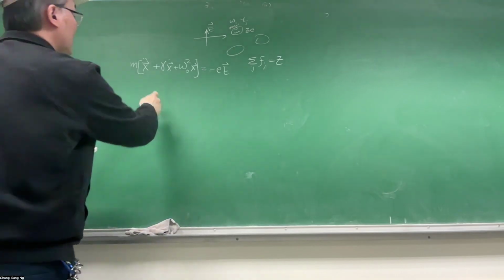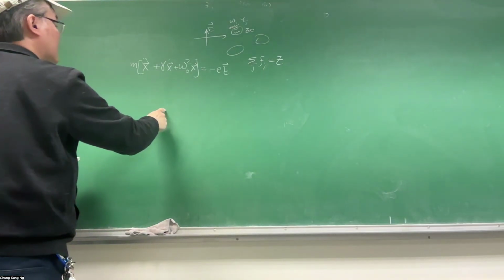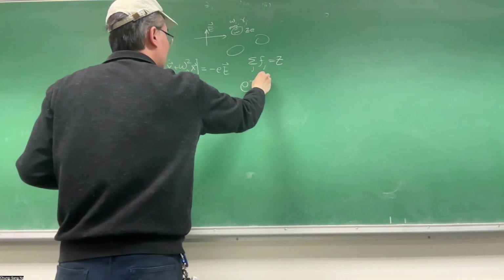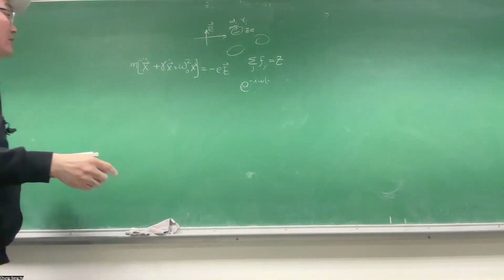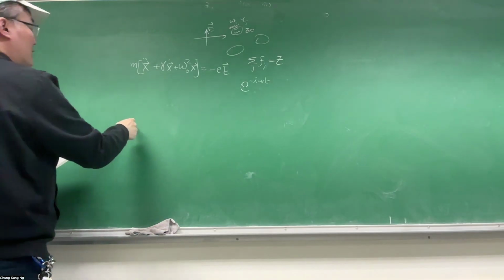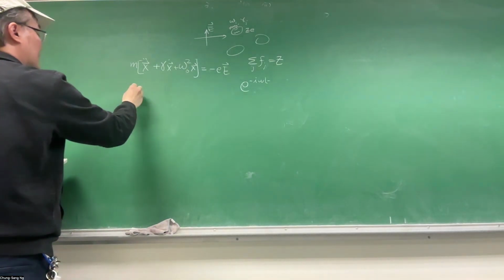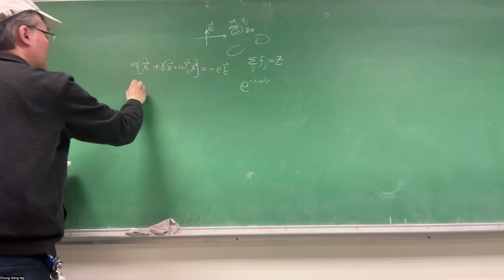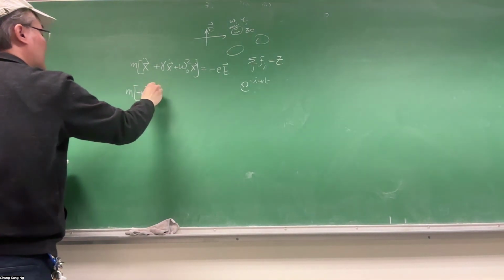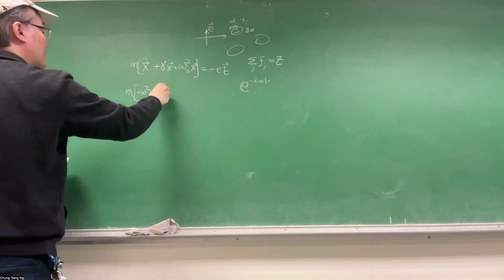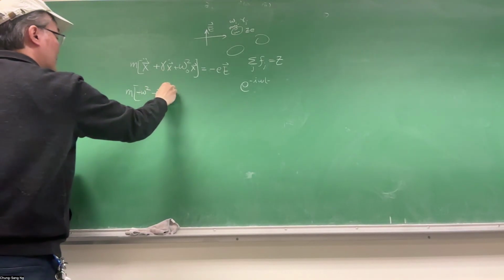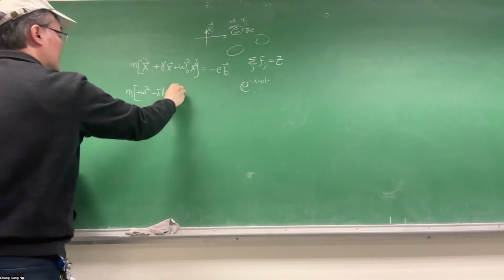And the solution for this one is quite straightforward because everything is proportional to e to the minus i omega t. So all the dots just change to minus i omega. So this becomes minus omega squared, and this becomes minus i gamma omega. This is omega 0 squared.